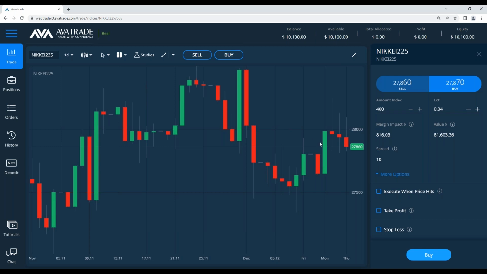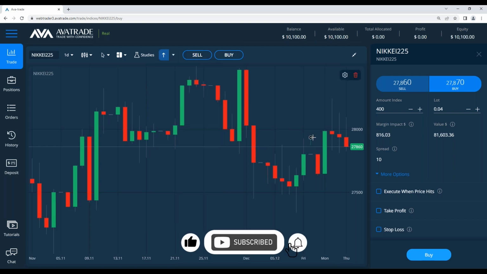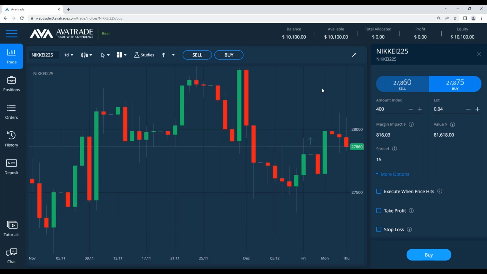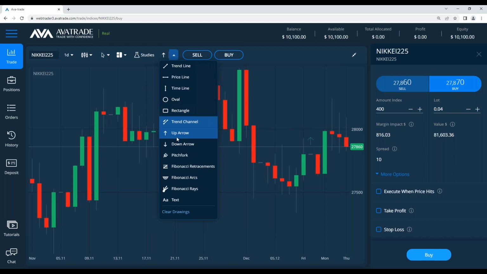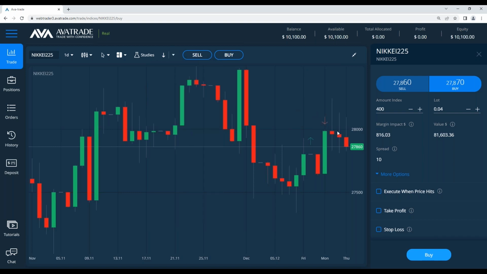So this is a bullish candle, a positive candle, a going up trend candle. And the bearish candle, the same way that a bear is going to slam you to the ground with his big arms. It's going to put you down. So this is bearish and this is bullish.